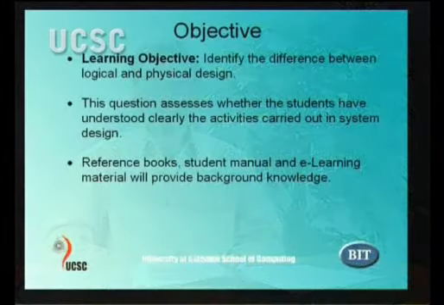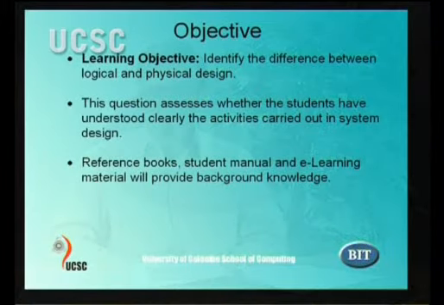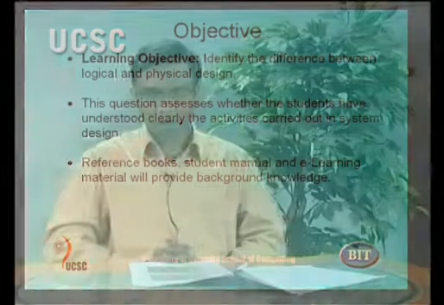The learning objective here is to identify the differences between logical and physical design. The question is not so difficult, but you need a good understanding of the activities carried out in the system, and the reference and learning materials provide the background knowledge so the student can answer it very easily.